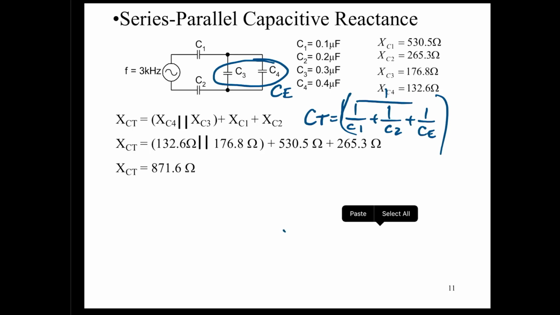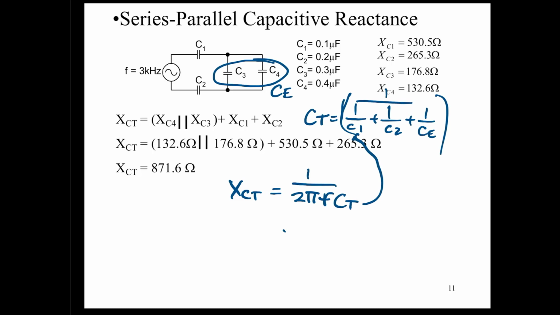After coming up with your CT value, then it's your XC total. Your XC total then is going to be 1 over 2 pi f CT, where the CT value comes from here. And you can calculate that out, and you should get, in this case, 872 ohms.